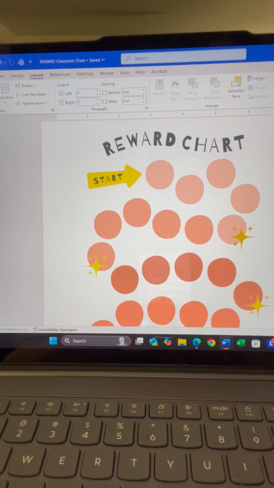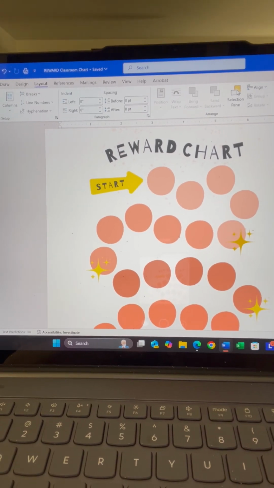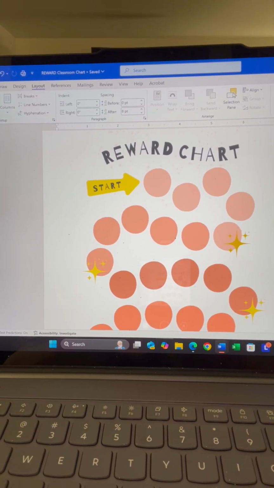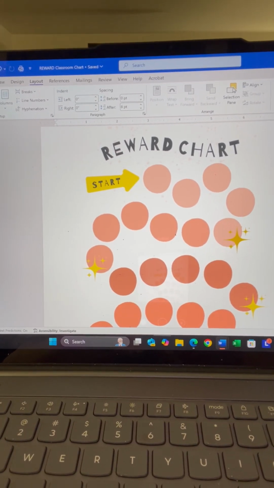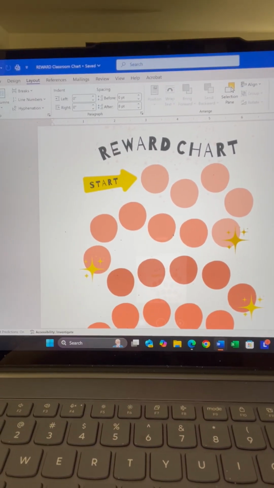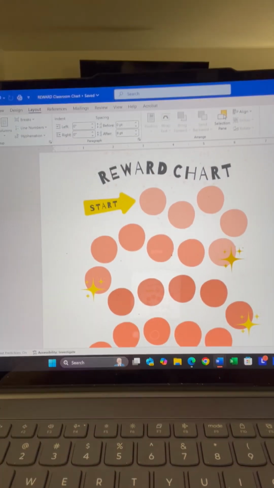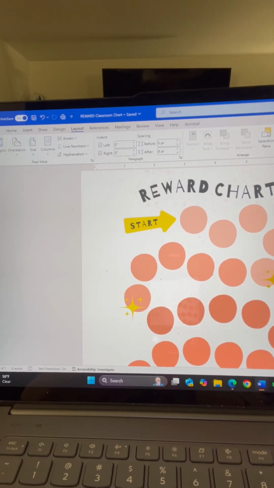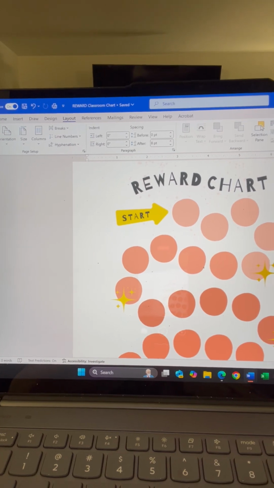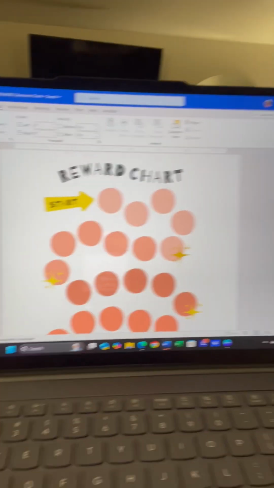I'd help them learn how to do those things, and then as I reassess them, to see if they have listened, they would be rewarded, and then they can move on into the prize box.